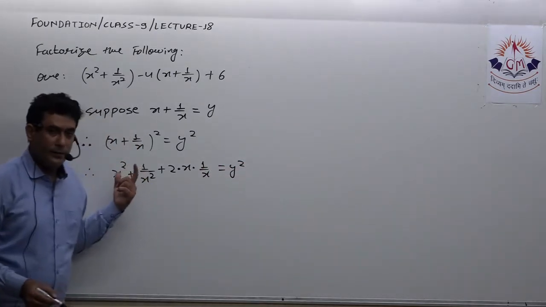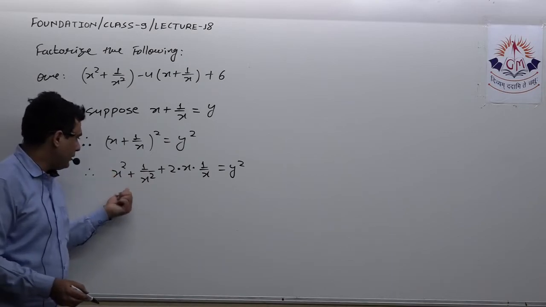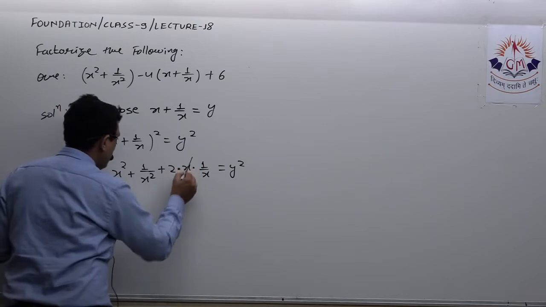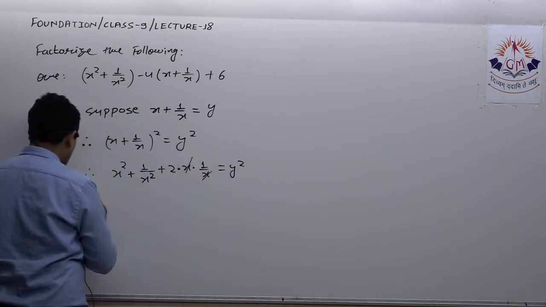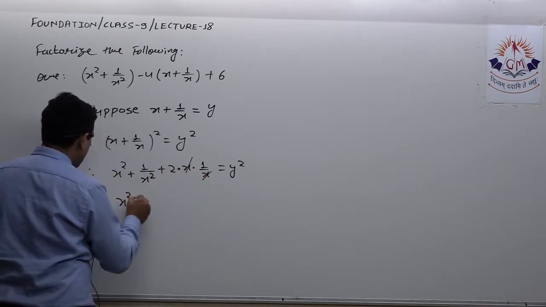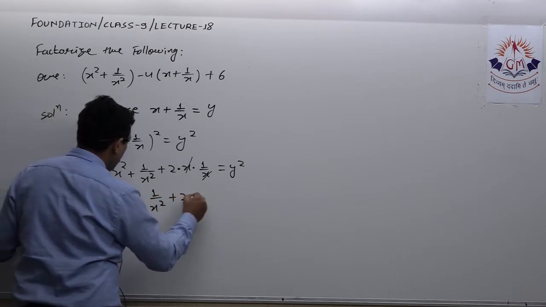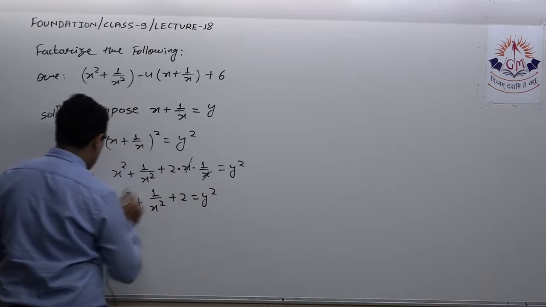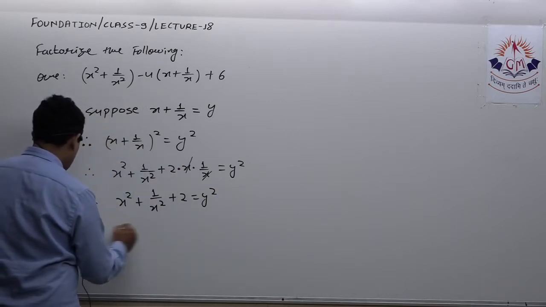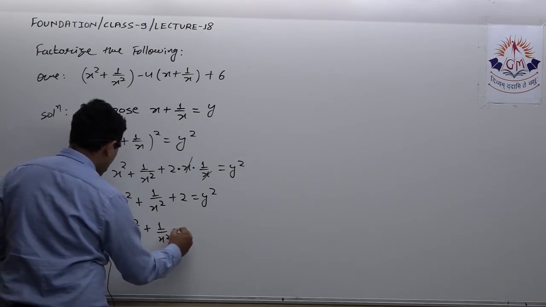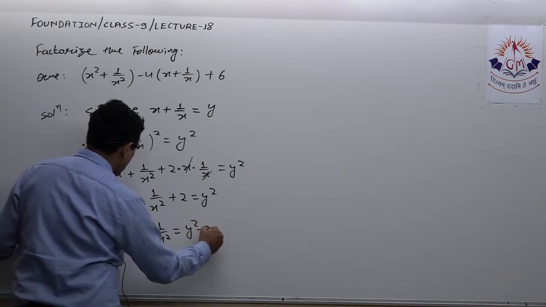By applying the identity of a plus b whole square, I got a square plus b square plus 2ab is equal to y square. Now this x and this x I can cancel out. So here I will get x square plus 1 upon x square plus 2 is equal to y square. So ultimately x square plus 1 upon x square is equal to y square minus 2.